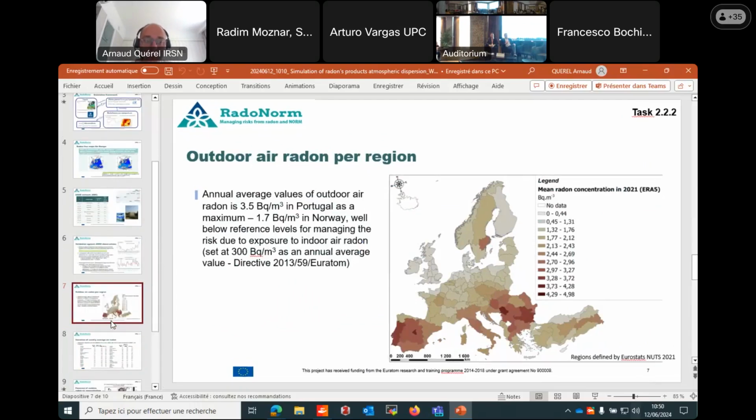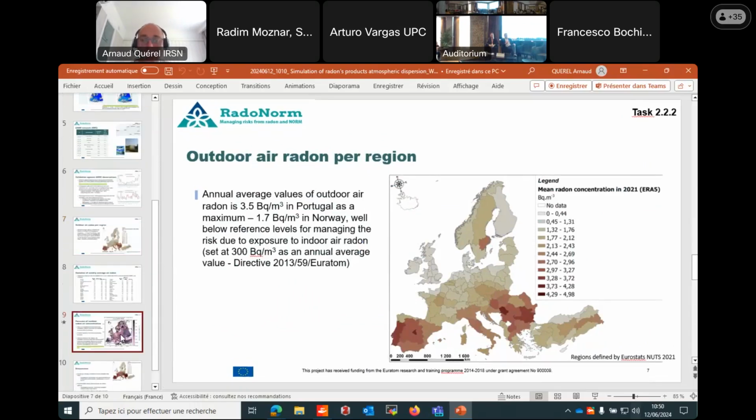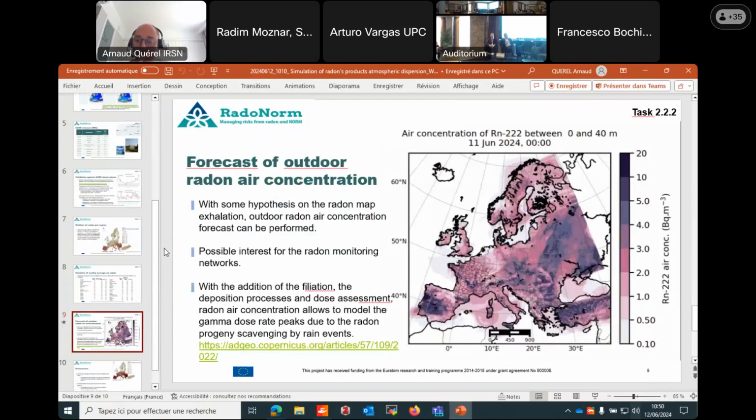I know that for decades this was an issue, and underground water has now been checked to see whether we can predict earthquakes through radon concentration in underground water. There is a huge program, Artemis, going on, but it is related to water. So I'm wondering if the concentration in air can also be used. Maybe this is an old question, but because you are making such nice modeling, maybe this can be useful. Thank you.